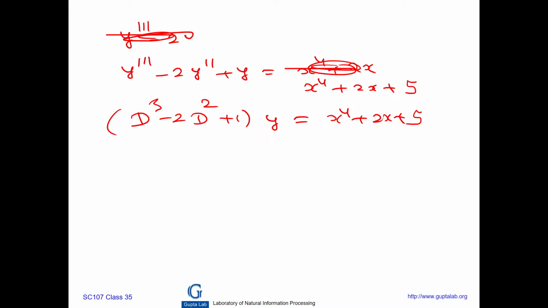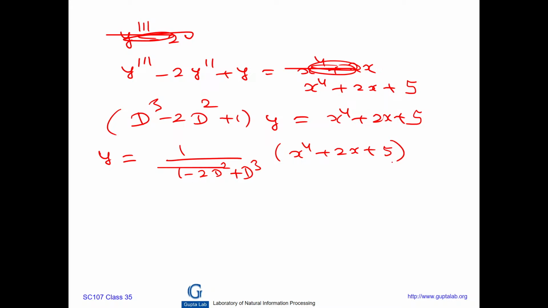Sometimes when the operator is something like that, we are not able to easily do the calculations, the partial fraction things and so on. Now we can use the series method. That's a pretty neat thing to do. So then y is equal to 1 over (1 minus 2D square plus D cube) of x raised to power 4 plus 2x plus 5.